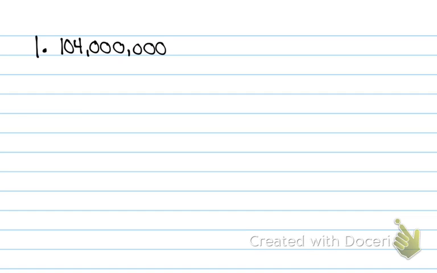If I were to put this number into a statement, something like "104 million can be written in scientific notation," is that a true statement or a false statement? It is a true statement, of course. Yes, I can write 104 million in scientific notation, so I would say true.